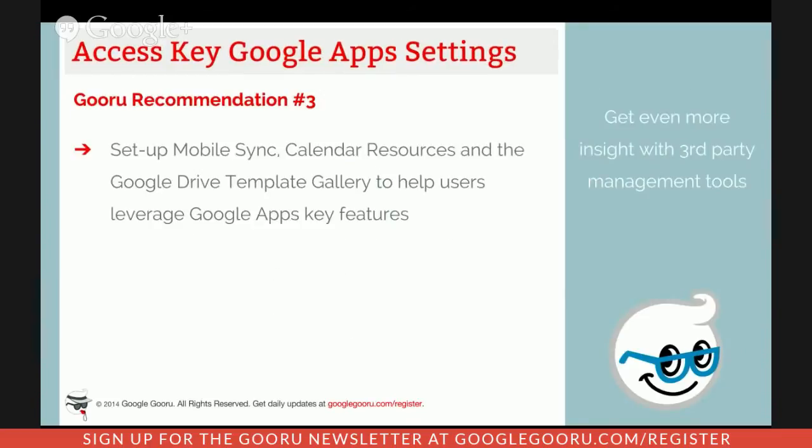So our third Guru recommendation is to set up mobile sync, calendar resources, and the Google Drive template gallery to help users leverage these key Google Apps features. If your users are new to Google Apps, you want to give them that little nudge to make sure that they're leveraging the platform, because like I mentioned before, if they are taking advantage of all the tools they have available to them and they know how to use them, then they won't have to lean on you for support.